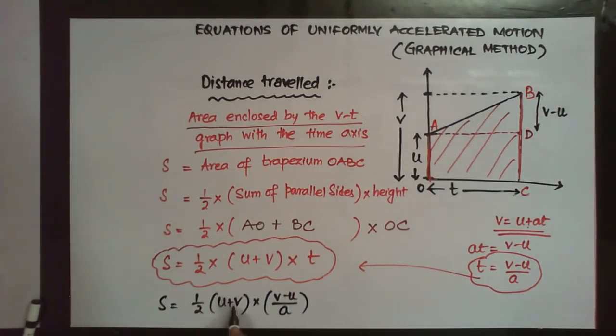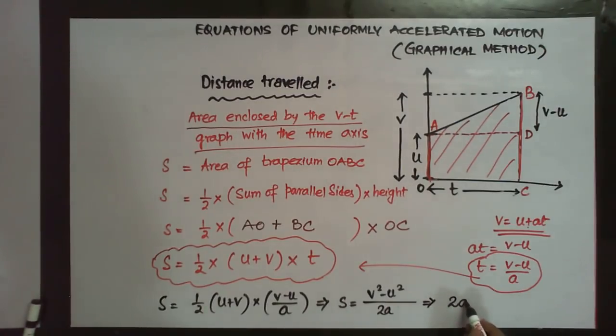Opening the brackets, we get S is equal to (V plus U) into (V minus U), which gives V square minus U square by 2A. If you cross multiply, we get 2AS is equal to V square minus U square.